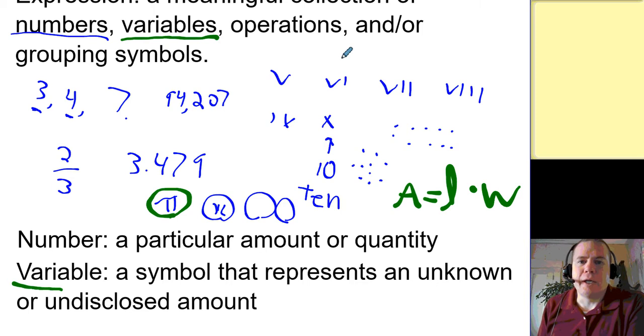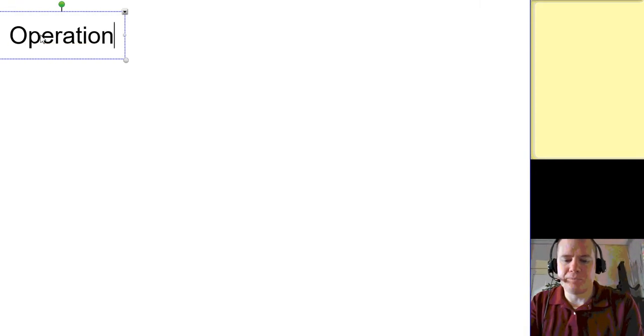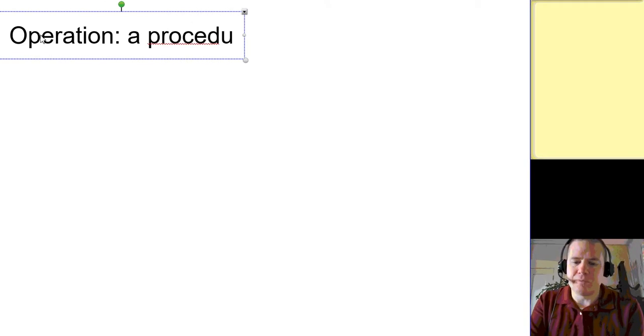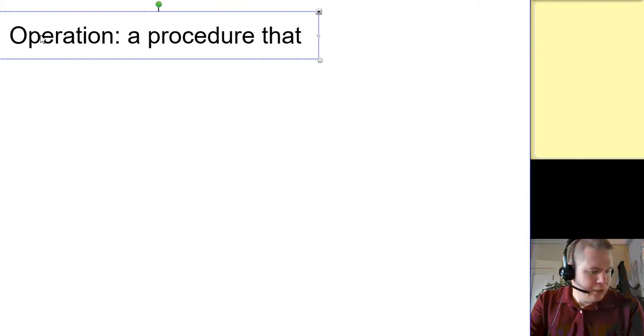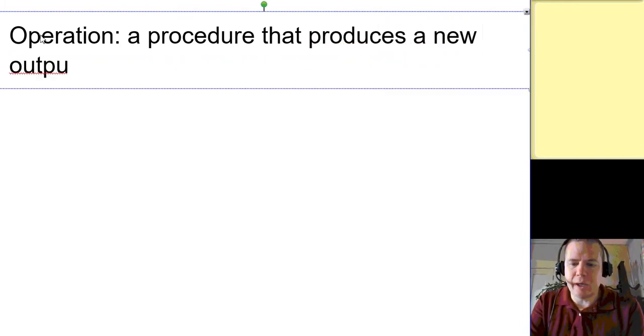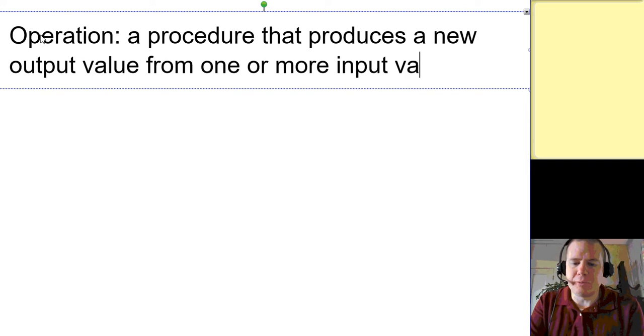All right, now to operations. That's kind of the key of all of algebra. So this is a really important definition here. An operation is a procedure that produces a (new) output value from one or more input values.